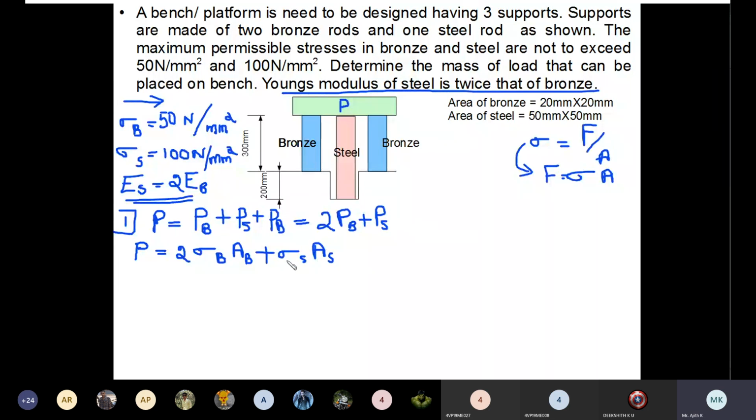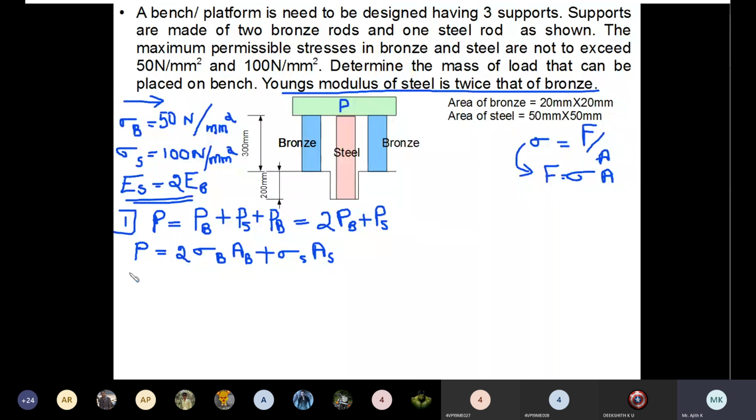Hope this step is clear. So total load is shared between 2 bronze and 1 steel, and this force will be replaced by sigma into area, using the equation sigma is equal to force by area.